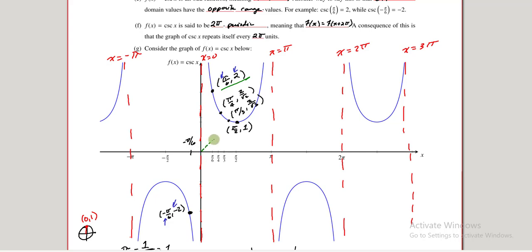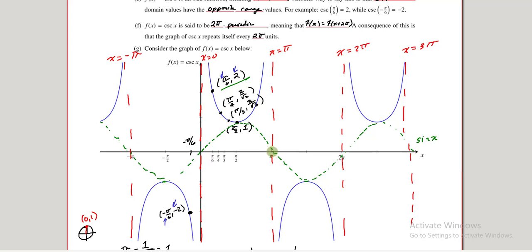If I were to sketch its reciprocal function, which is the graph of the sine of x, here is the graph of that reciprocal function. And so sometimes when I go to construct the graph of the cosecant function, I choose to draw the graph of the sine of x and then use that to aid me in the construction of the cosecant function.